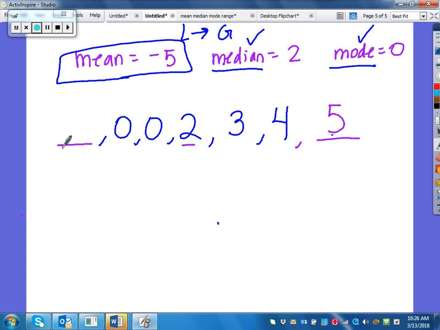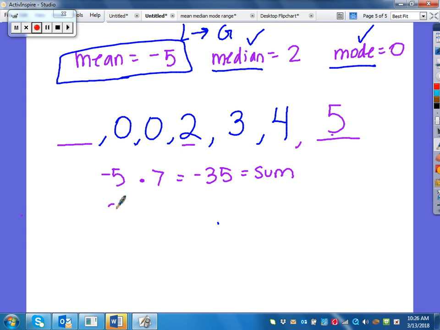So if I have 7 numbers, I'm going to take my mean and multiply that by 7. That's going to equal the sum of all 7 numbers all together, because I'm working backwards. Normally, to find the mean, the first thing I do is add up all 7 numbers and divide by 7. With working backwards, I multiply by 7 to get negative 35.